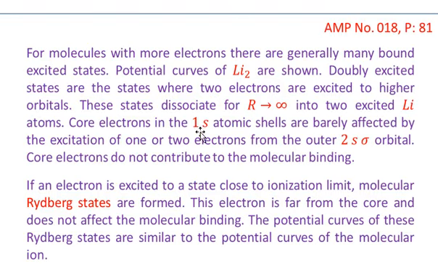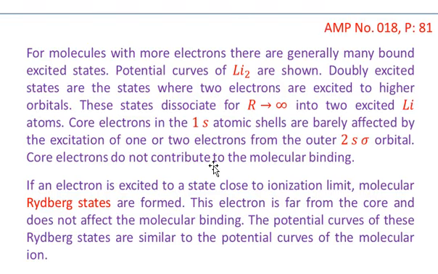Core electrons in the 1s atomic shells are barely affected by the excitation of one or more electrons from the outer two s sigma g orbitals.